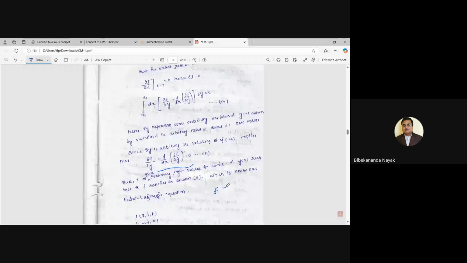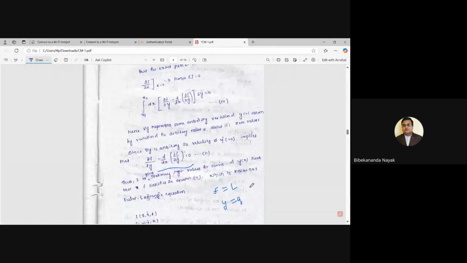If you put in place of f, L, and y is equal to q and x is equal to t, then it becomes Lagrange's equation. So the general expression is known as Euler-Lagrange's equation, but if you take f is equal to L, y is equal to q and x is equal to t, then it is known as Lagrange's equation.